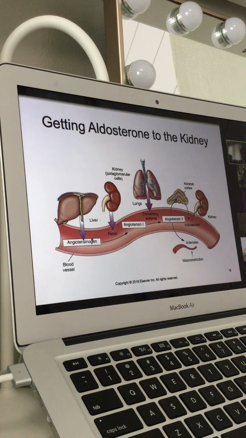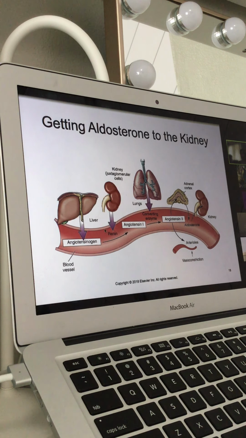Angiotensinogen is present in the liver and also in the blood, but it is inactive. It's just circulating in the body. When the blood level is low, it will now become active.